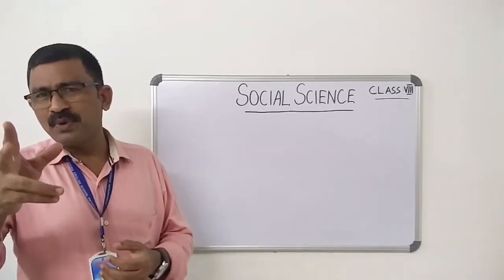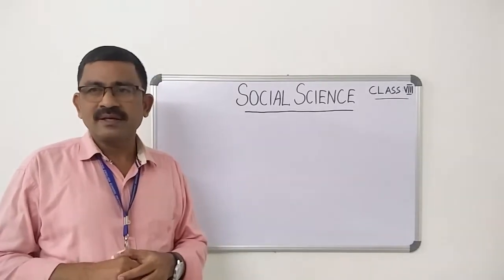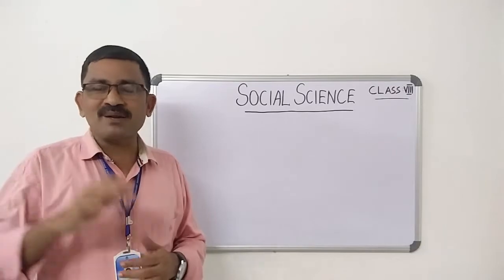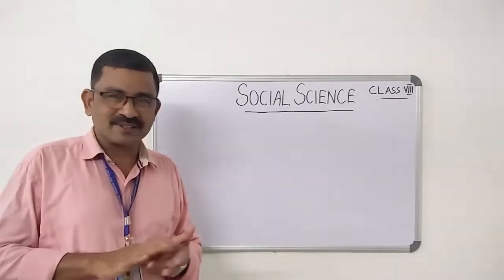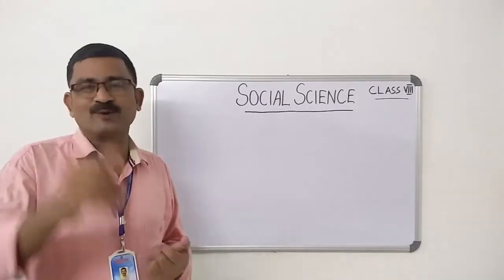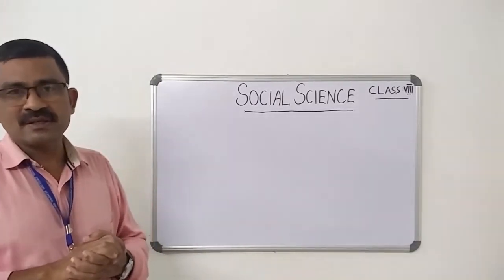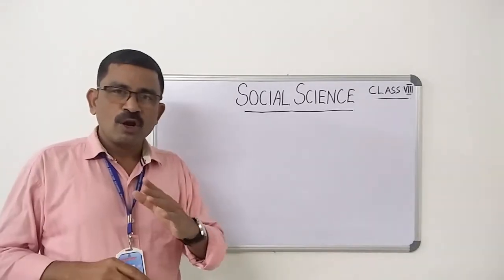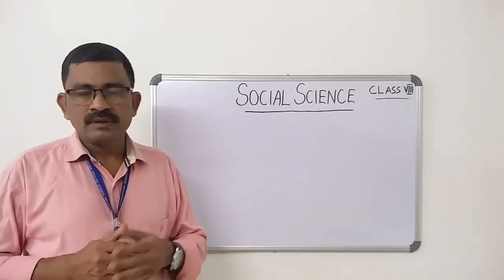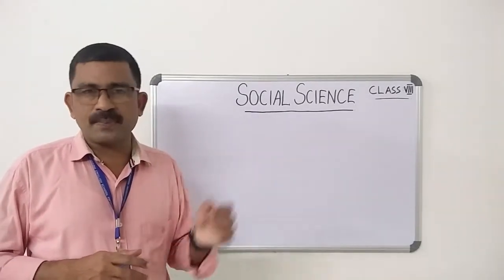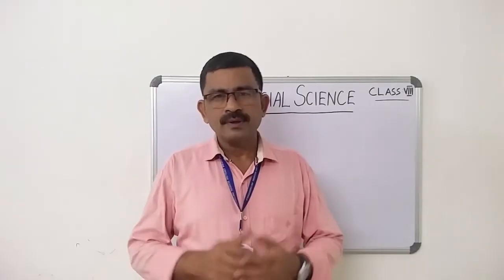Students, what do you mean by bicameral legislature? Yes, the Indian Parliament has two houses, the upper house and the lower house. Then we learned the features of Rajya Sabha and Lok Sabha. These are the different topics we learned in the previous class.